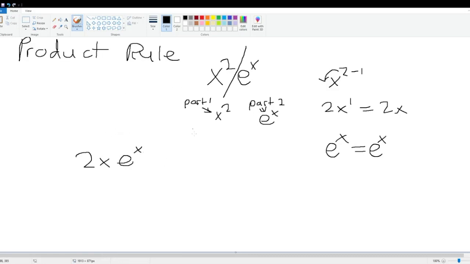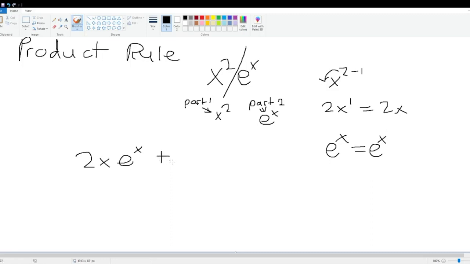And then you need to do it again, but you need to flip it. So you need to multiply the derivative of part 2 times the original form of part 1. And since it's product rule, you need to add them together.